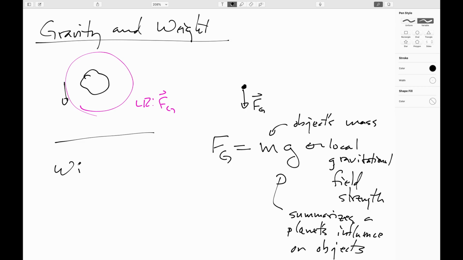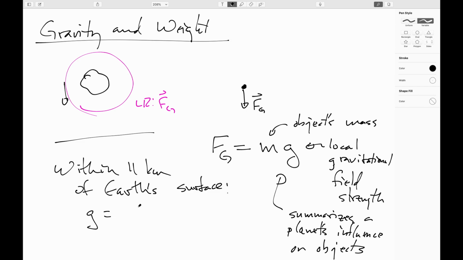But if you are within 11 kilometers of the Earth's surface, it turns out that g is equal to 9.8 newtons per kilogram to within 1%.